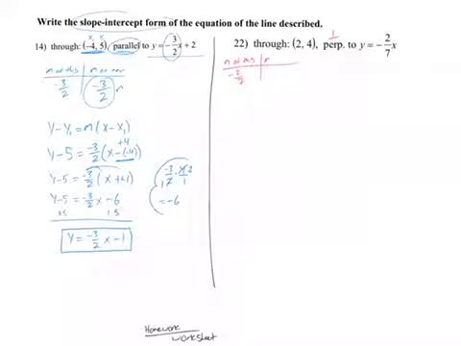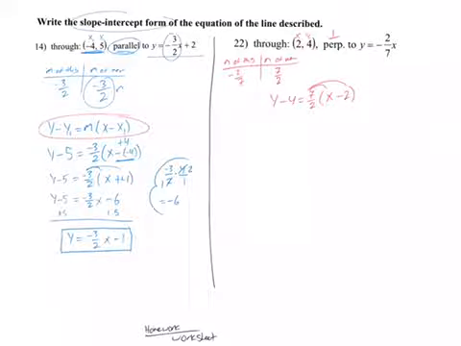So the slope of the new is going to be negative reciprocal of that, or the opposite reciprocal, which is 7/2. So this is going to be my x1 and my y1. So plugging into this same equation here, I'm going to have y minus 4 is equal to 7/2 times x minus 2.